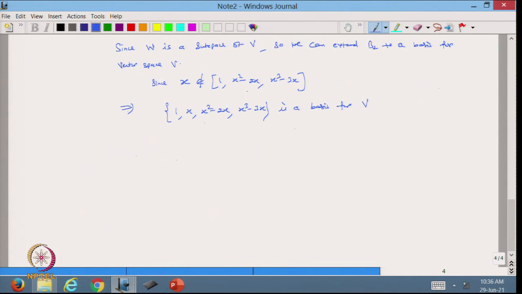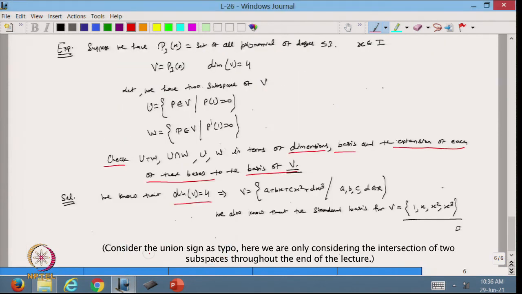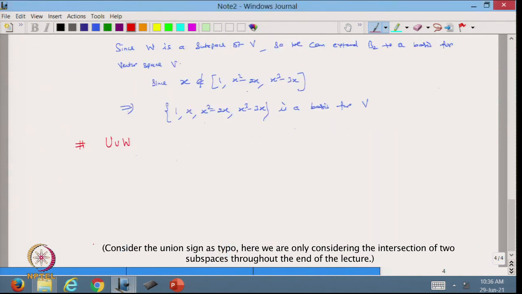Now, we go for the next subspace, and that is U intersection W, because we need to find out U intersection W and U plus W. From previous knowledge we know that U intersection W is also a subspace of V, because it is an intersection.